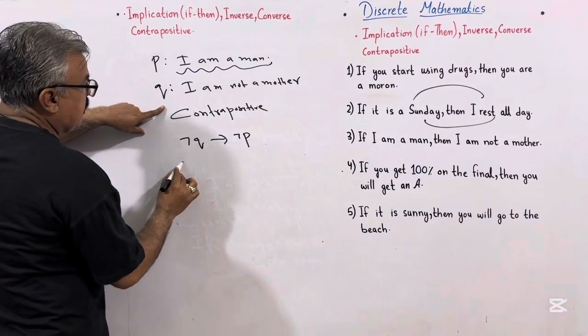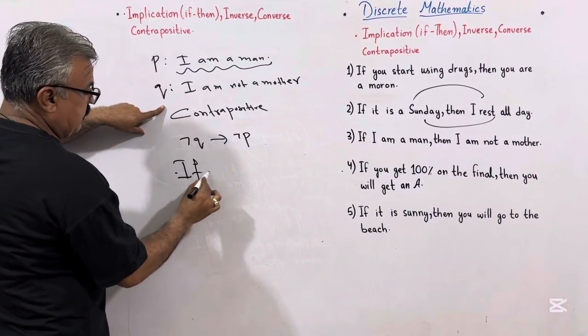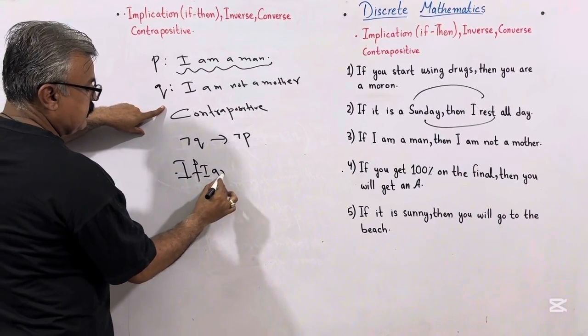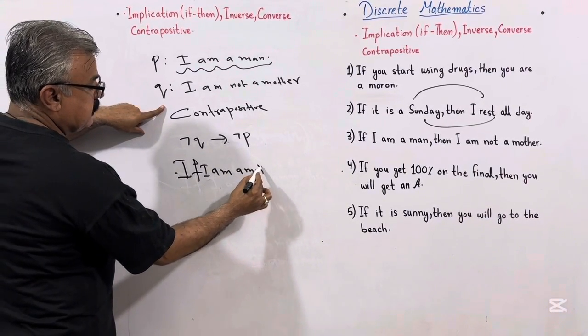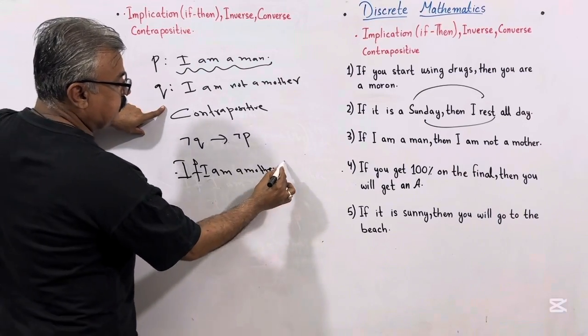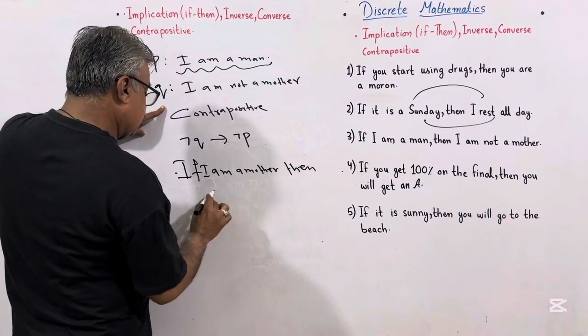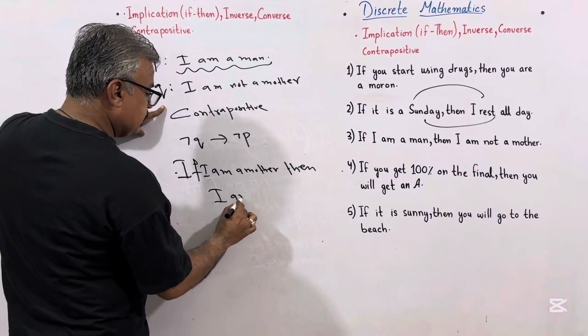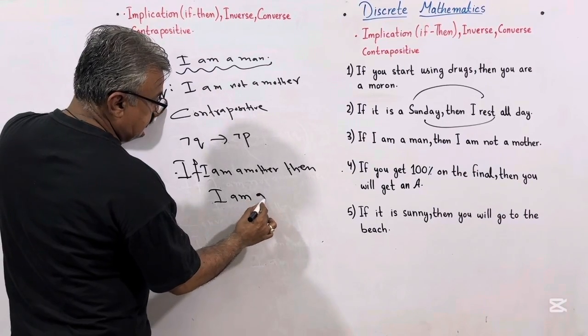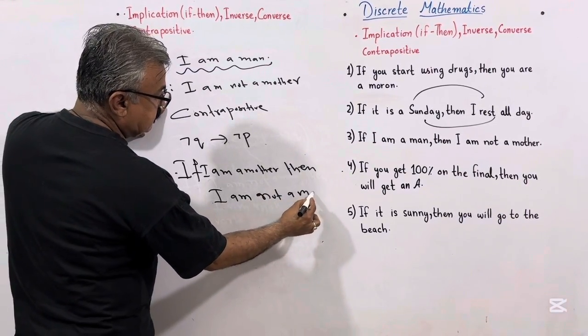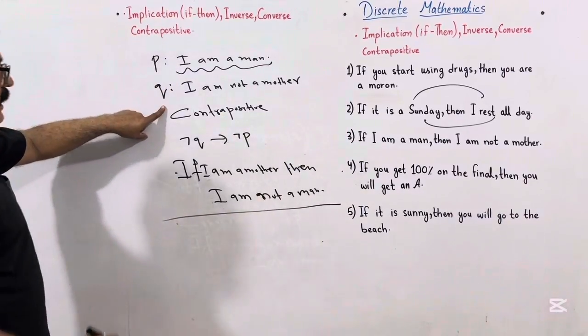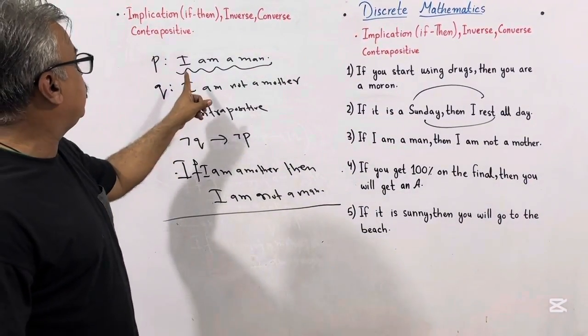Its negation is if I am a mother, then I am not a man. That is contrapositive of this.